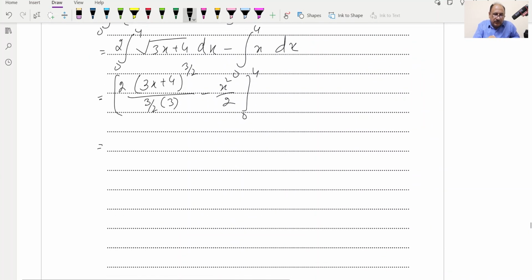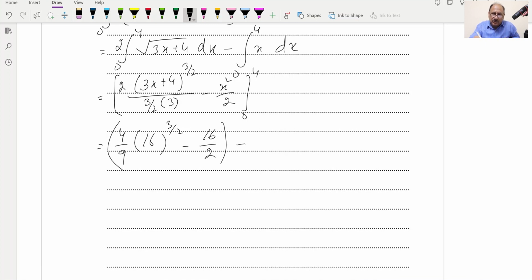It will be 4 over 9, and if we replace the upper limit which is 4, it will be 12 plus 4 which is 16, 16 raised to 3 by 2, minus x square, 4 square will be 16, so 16 by 2. This is the term we got after replacing the upper limit which is 4.